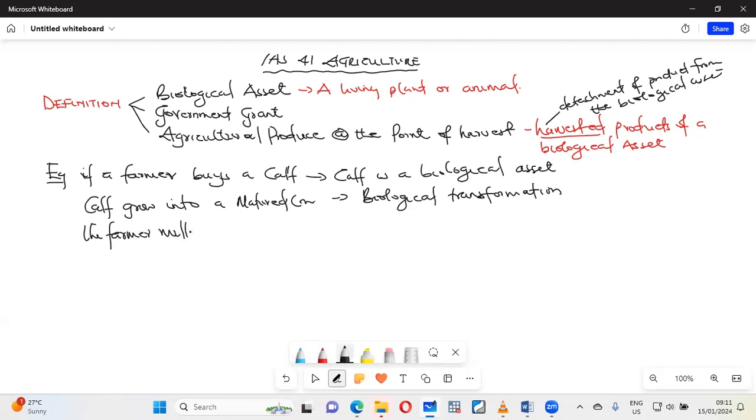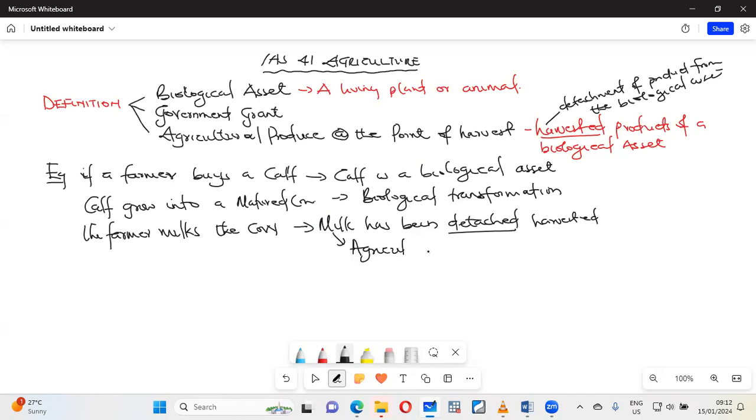The milk that he is taking out of the cow, detaching it from the cow, is being harvested, and the milk is agricultural produce.